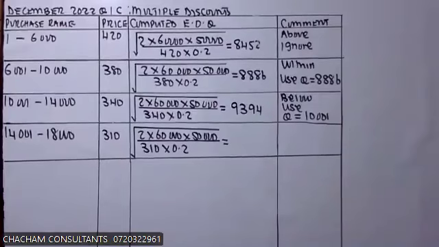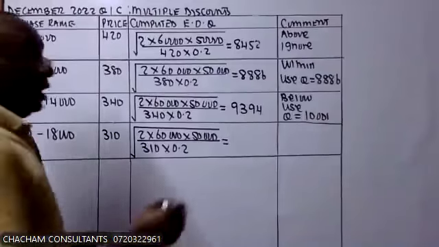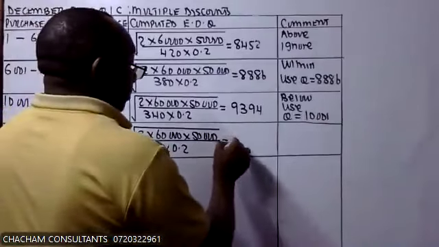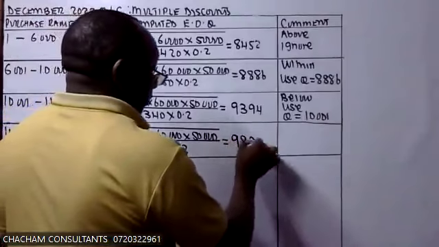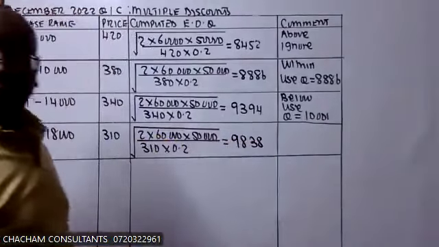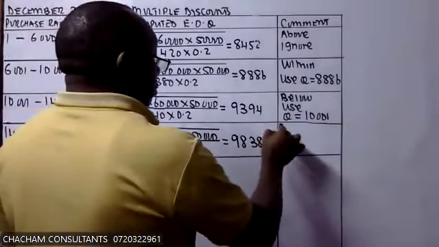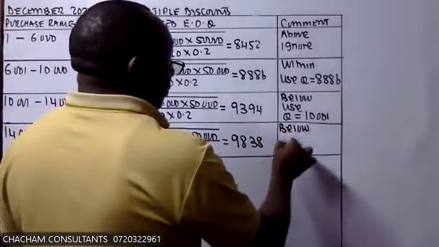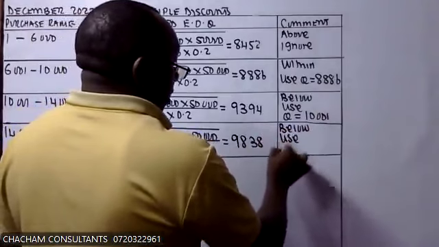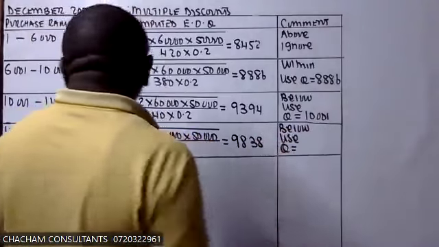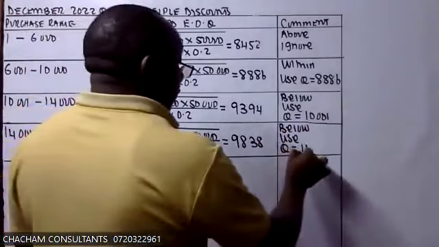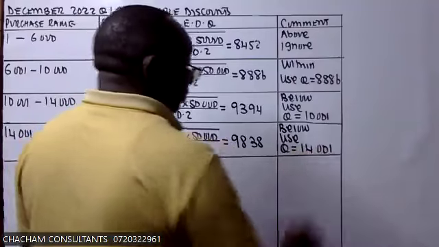The answer is 98.37 or 98.38. So this one is below, and therefore we use Q as 14,001.